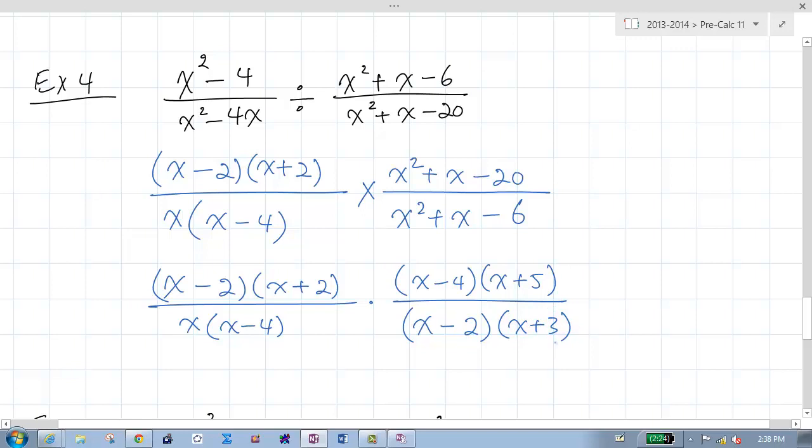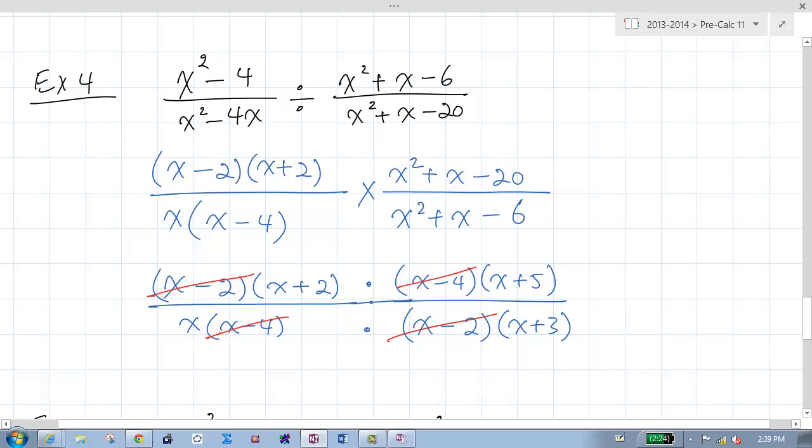Now I'm going to look at extending the fraction line, right, and make it multiplication of the numerators over the multiplication of the denominators, and I'm going to look for common factors of the numerator and the denominator. X minus 2 cancels x minus 2. X minus 4 cancels x minus 4.